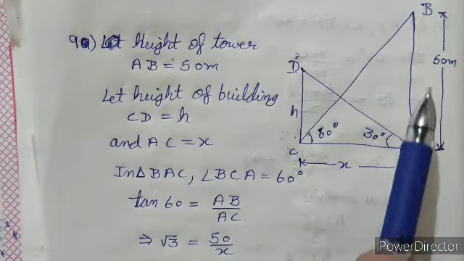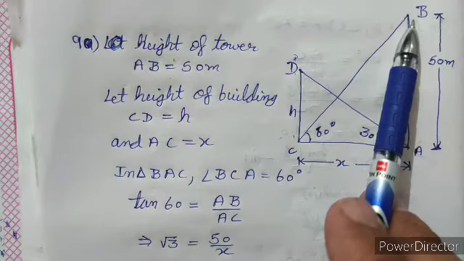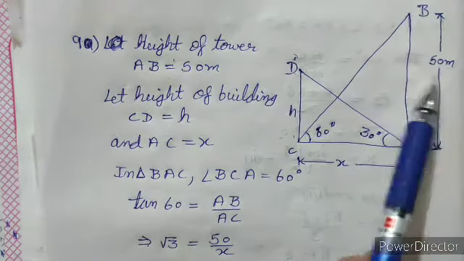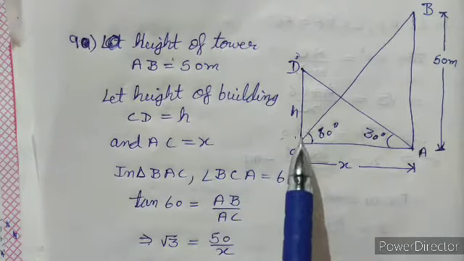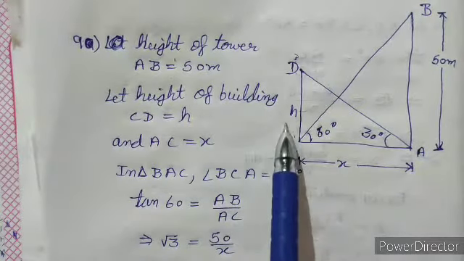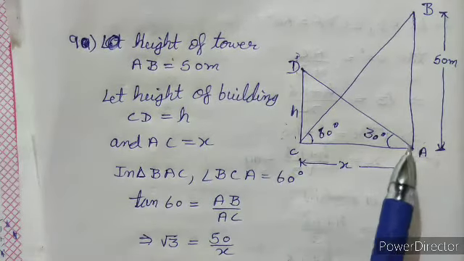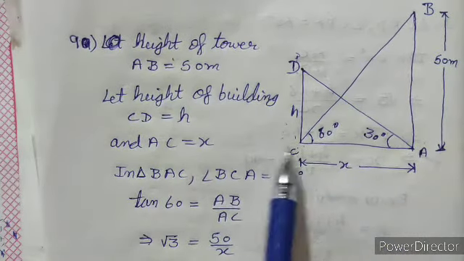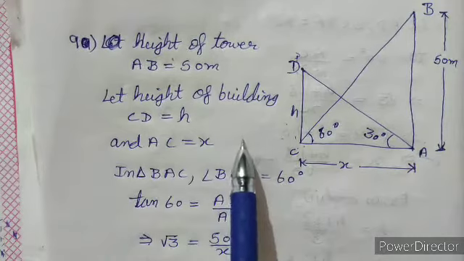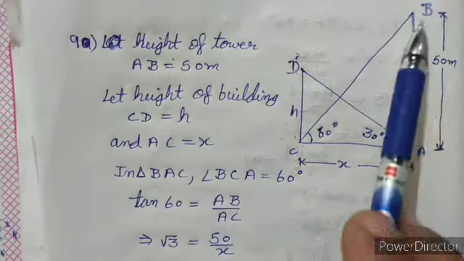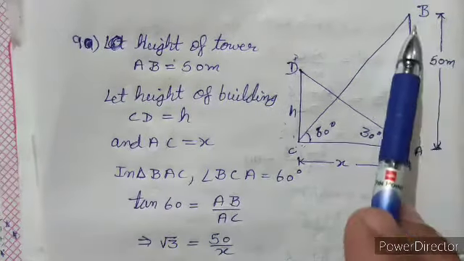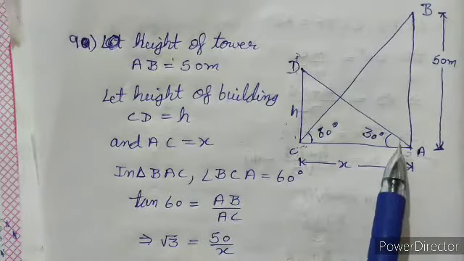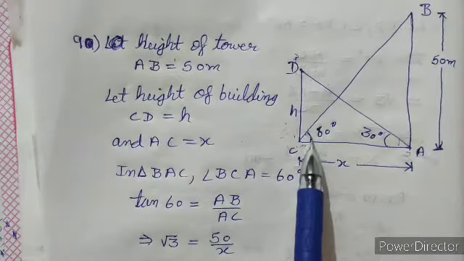Now let AB be the tower of height 50 meter. Let the height of the building CD be h, and the distance between the base of the building and the base of the tower, that is AC here, be x. Now in right angle triangle BAC, which is right angled at A, the angle C is 60 degrees.